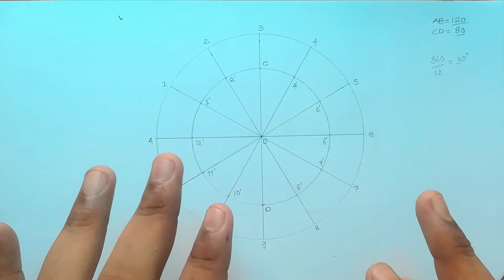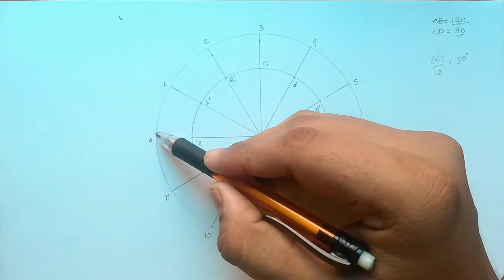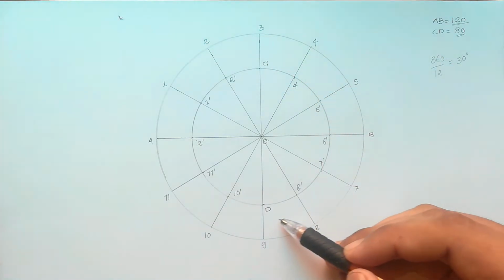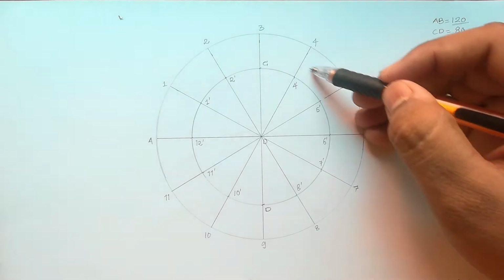Once this is done, try to understand one thing: our ellipse is going to come in between these two circles. Whatever points we receive will be available in between these two circles, so in this section.